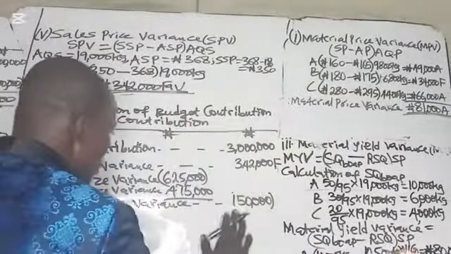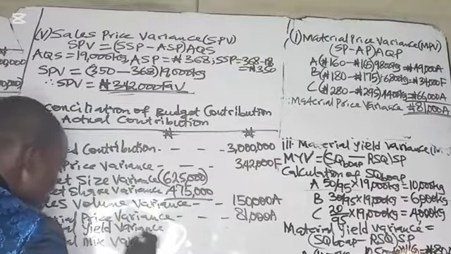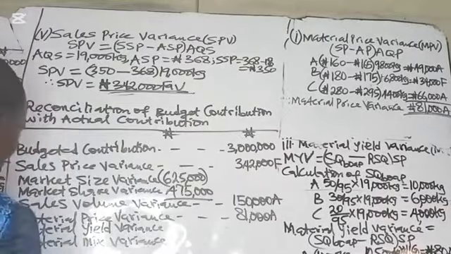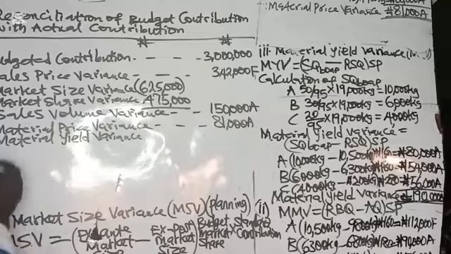So now let's have material yield variance and material mix variance. The sum of the two will give you the material usage variance.